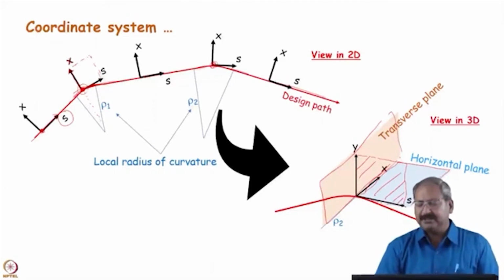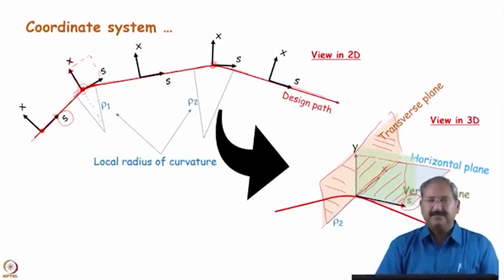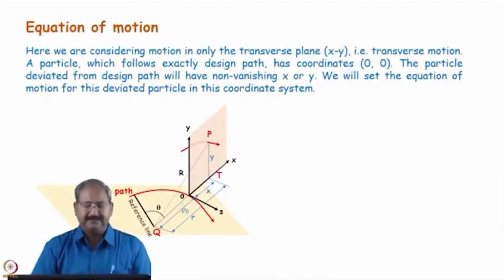The beam propagation direction is designated by s. So these are three planes, and our equation of motion presently we will develop in the transverse plane only. Means we will consider x and y, not s itself. So presently we will study the transverse beam dynamics.